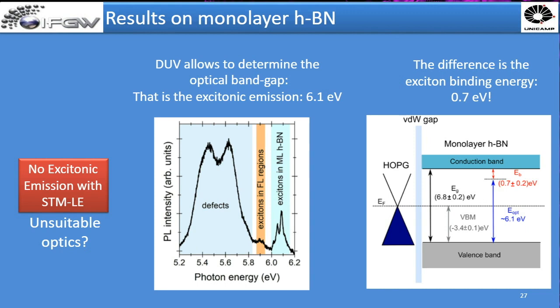And this explains why the sample is so optically active, even at ambient temperature. That was something that was really expected, but no one until this study had measured this for monolayers and could see that this was the excitonic binding energy.